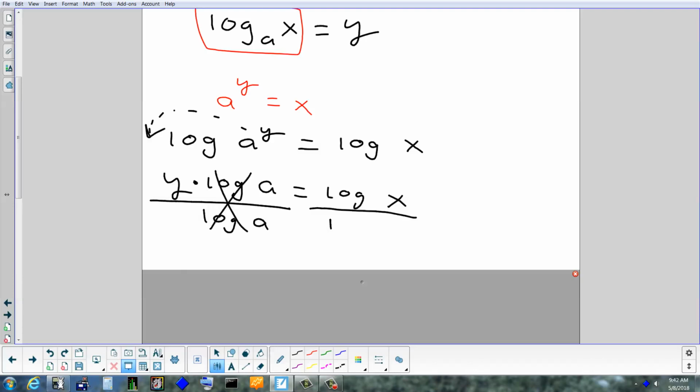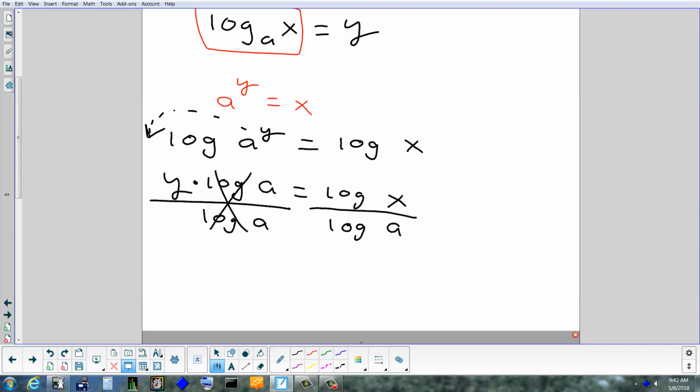And divide by log of a. And now look what happened. Y is by itself again. I get y equals, and I'm going to spell it out very clearly, even though I don't have to write this. Log base 10 of x over log base 10 of a.